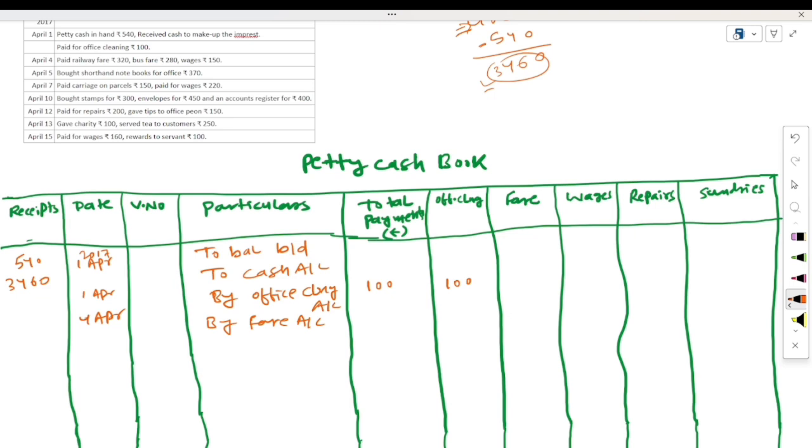So how much is the total fare? 320 plus 280, that is 600. Here we write the total amount 600, and we also show 600 in the fare column. Next, wages are also paid on the same date. We will pay wages by the wages account.